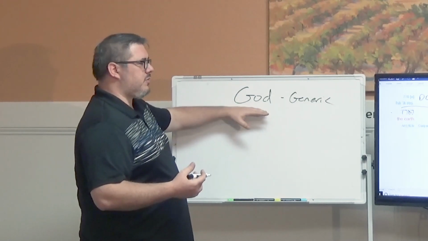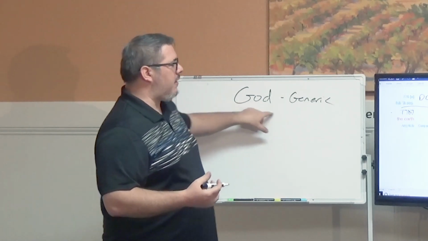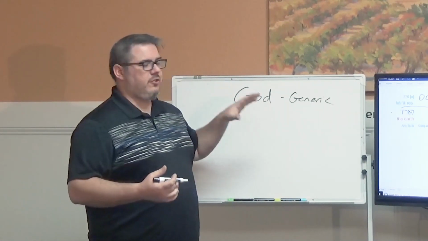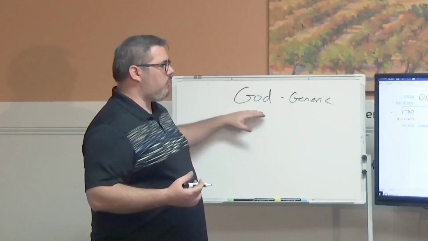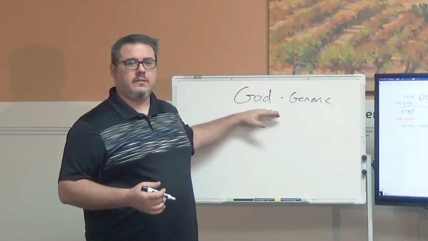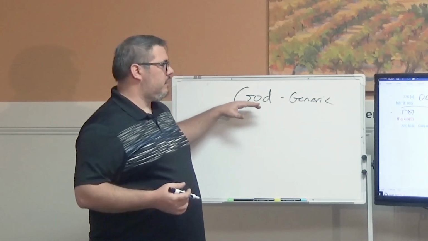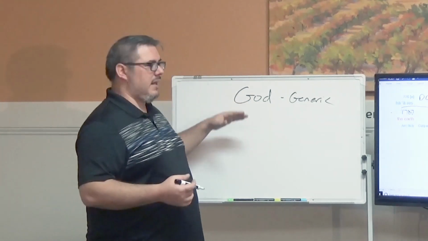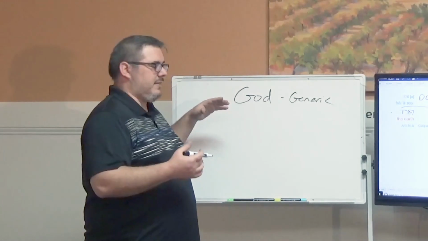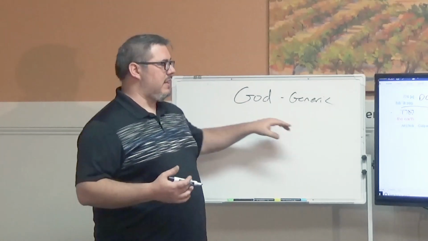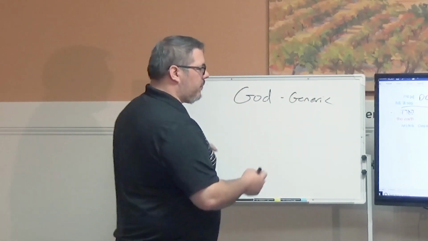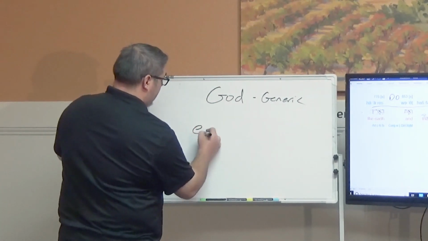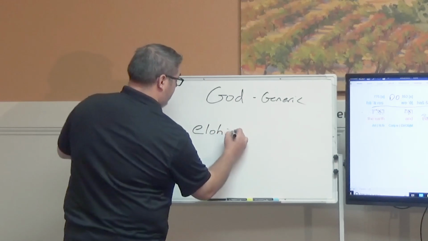And it's interesting that throughout Genesis, the entire first chapter, this is the only reference we have to God. God created. God said. God did this. On the seventh day, God rested. It's all that term, Elohim, that if we were to transliterate into English, it would look like this.